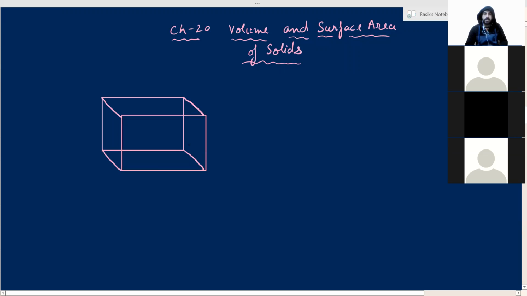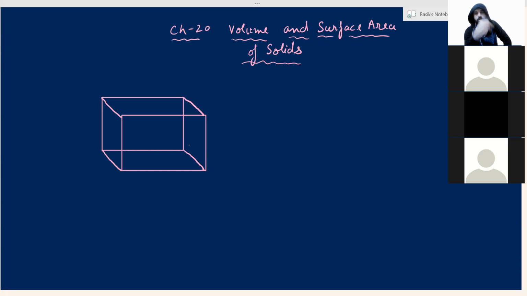The portion covered on a 2D plane surface, the amount of part covered by a particular shape, that is known as area. It is of a two-dimensional shape.